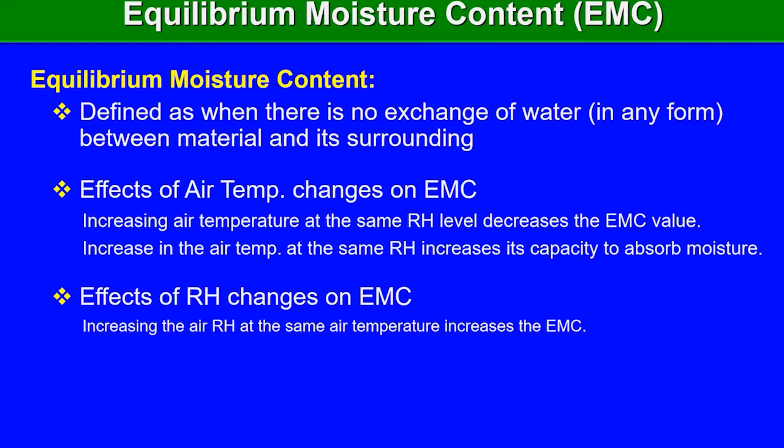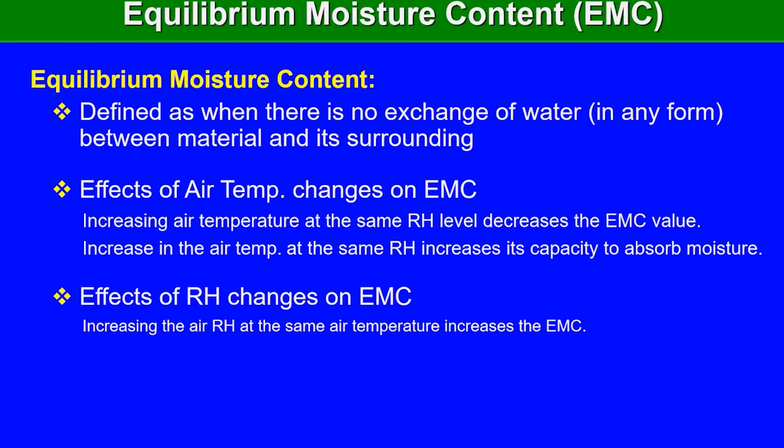But if you increase the air temperature at the same relative humidity, the capacity to absorb moisture would increase. So increasing the air relative humidity at the same air temperature increases the equilibrium moisture content.